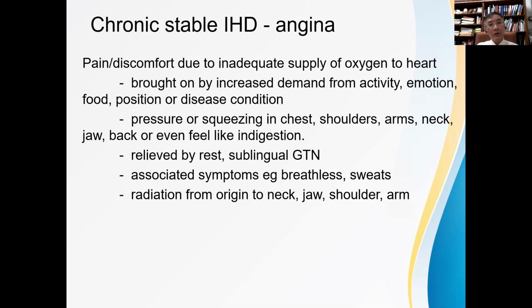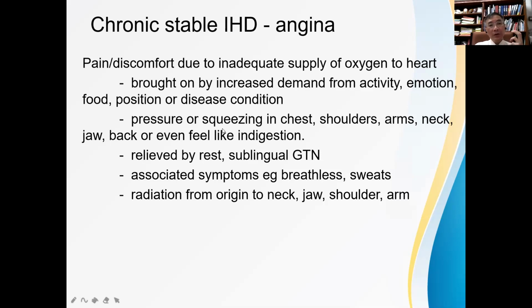And if there is blockage to the flow of blood, there will be an inability of the circulation to supply enough blood to the heart, giving rise to angina, felt by the patient as a pain or discomfort.